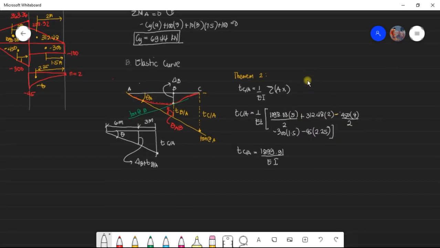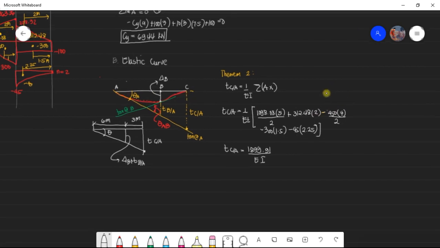From this triangle, sa malaking triangle, pwede natin sabihin na ang theta A is equal to rise, which is TCA, over the distance from A to C, which is 9 meters.